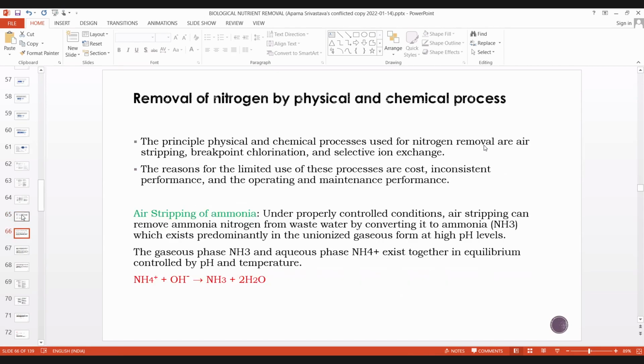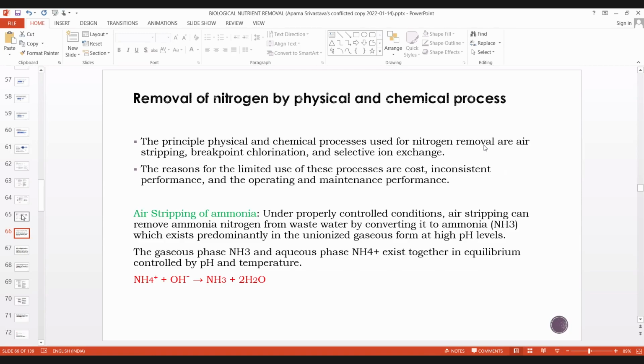Now let us talk about the removal of nitrogen by physical and chemical processes. Once the term physical and chemical process came, we can say that now money is going to matter. Why is money going to matter?